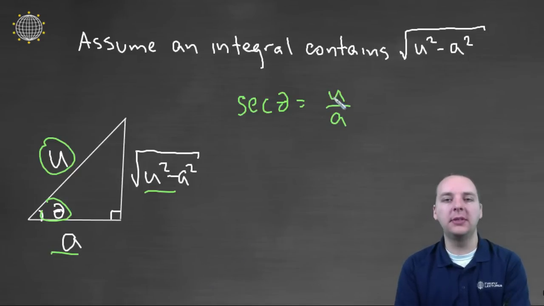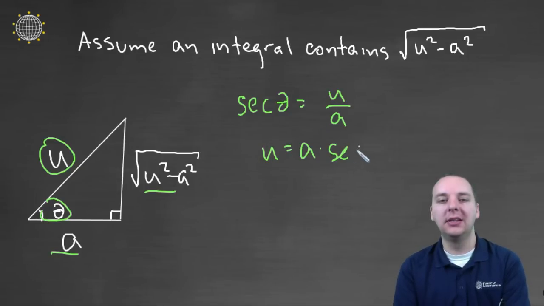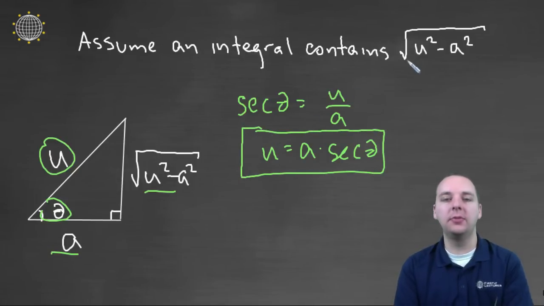And now you probably see why I would choose secant as opposed to cosine, because having u in the numerator is obviously a lot better, because now u is simply a times secant of theta. So let's box that in. So if you have an integral that has some radical terms and you need a substitution for the variable expression, use this, use a secant theta.